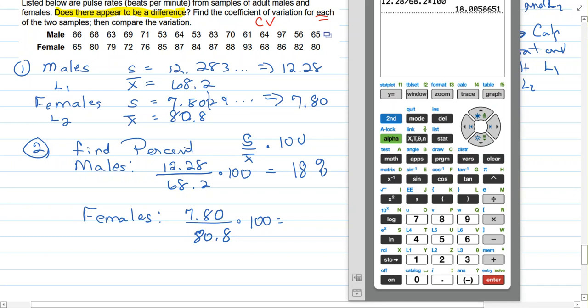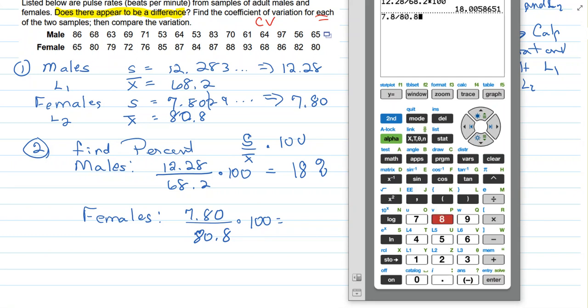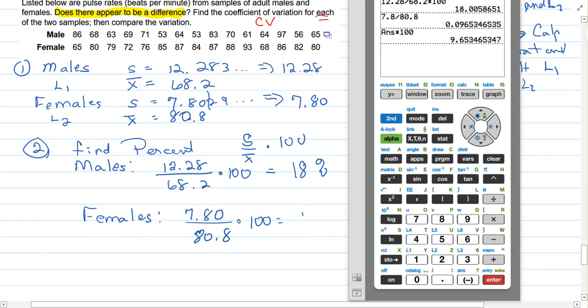Okay, now I'm going to do the second one. 7 and 8/10 divided by the 80 and 8/10. And I get, oh, I forgot the 100, sorry, times the 100. Sorry about that. I'm going to have 9.7%. All right.